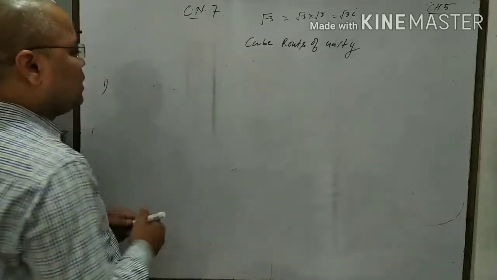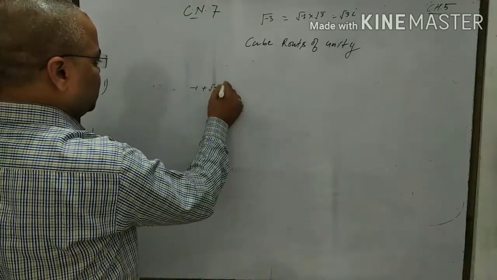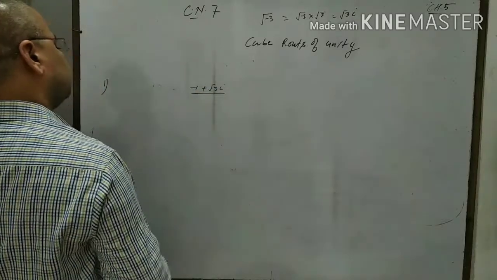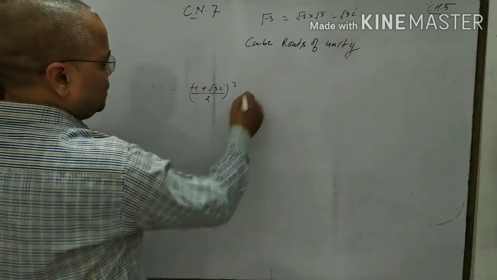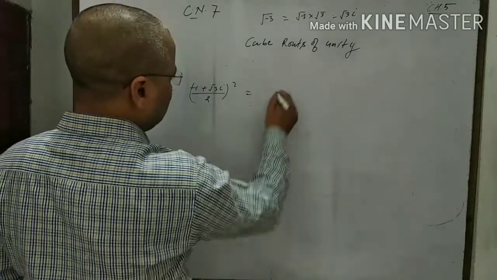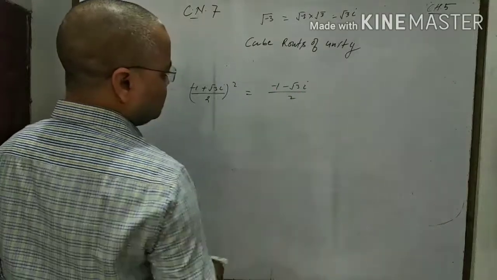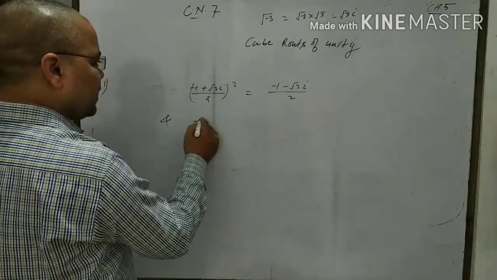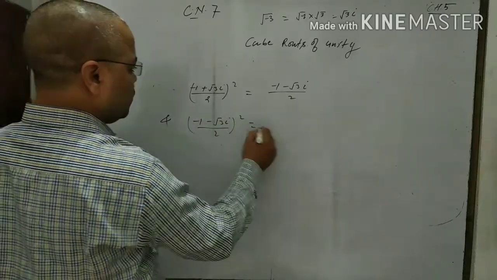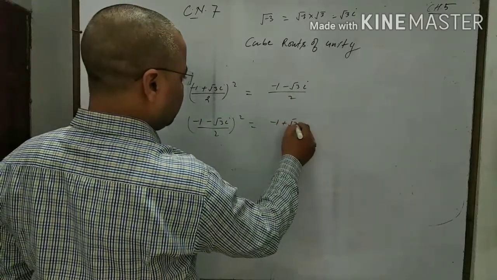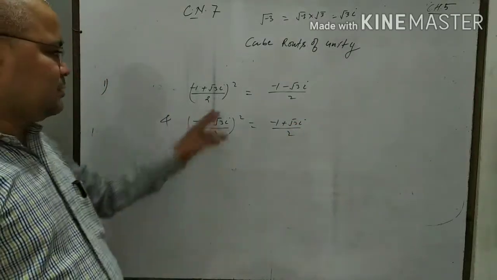It means here we can write -1 plus root 3i by 2 whole square is equal to -1 minus root 3i by 2, and -1 minus root 3i by 2 whole square is -1 plus root 3i by 2.